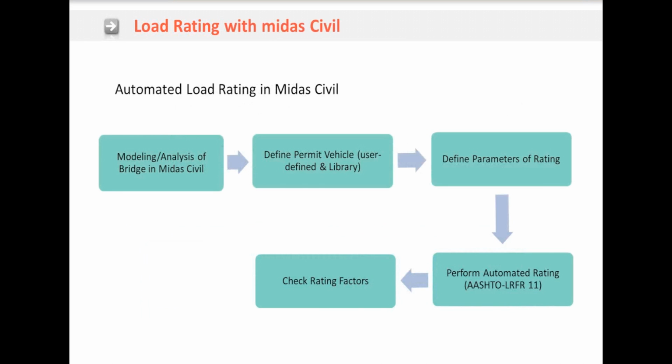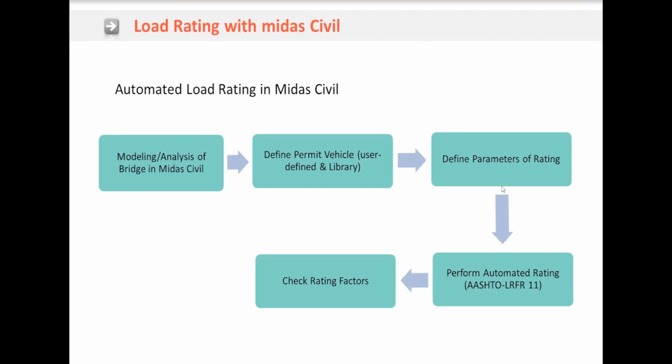So here is the process of load rating in Midas Civil. We simply model the bridge and perform the analysis, and the next step is defining the permit vehicle, which could be user defined, or you can get it from the library, where we have a certain permit vehicle for California DOT. Defining the rating parameters is very simple and straightforward, and then we perform the automated load rating.